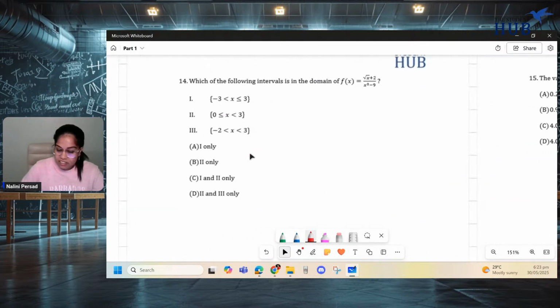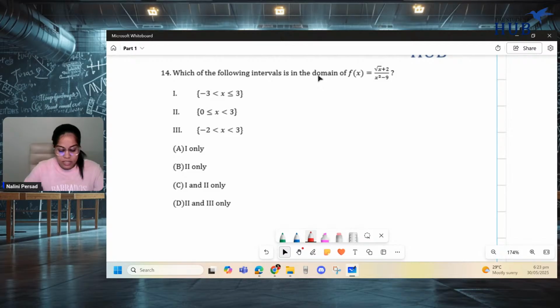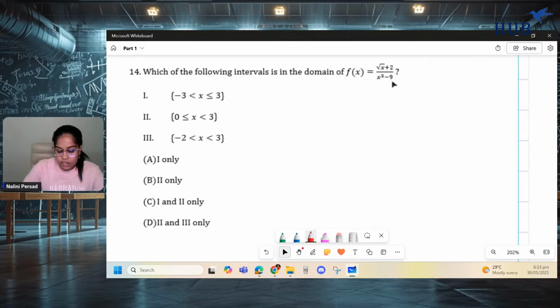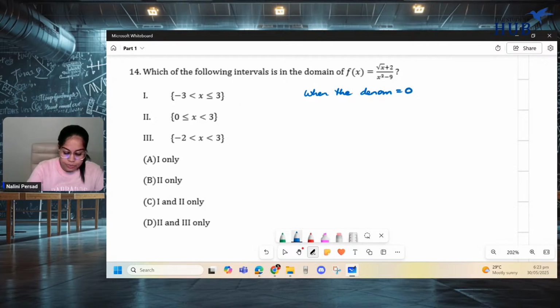Niceness. Question 14. Which of the following intervals is in the domain of this function here? So for this rational function, or any function, a function is discontinuous when the denominator is equal to 0.